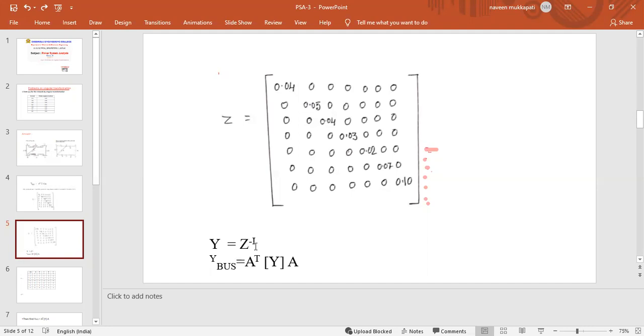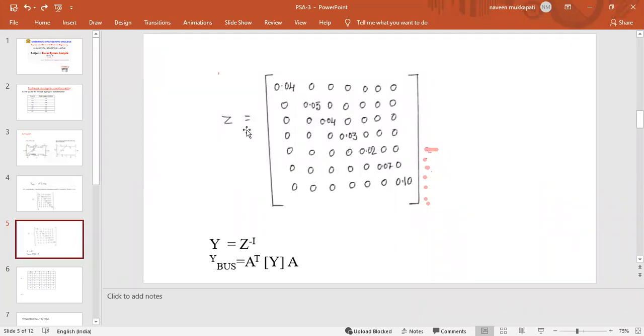We already know how to find the inverse of a matrix, the transpose of a matrix, and how to multiply one matrix by another. First, this is the primitive impedance matrix. By using it, we determine the primitive admittance matrix, that is the Y matrix. Therefore Y is equal to Z inverse.